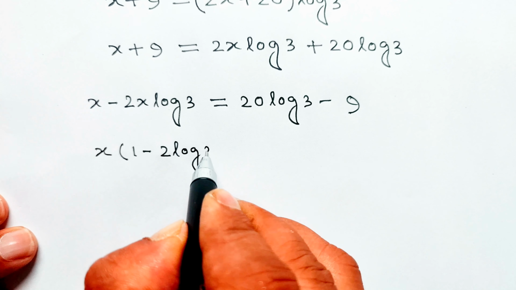Then x equal 20 log 3 minus 9 divided by 1 minus 2 log 3.